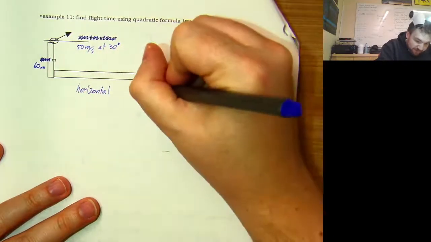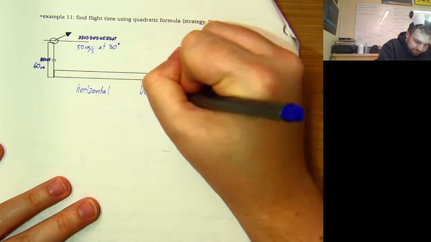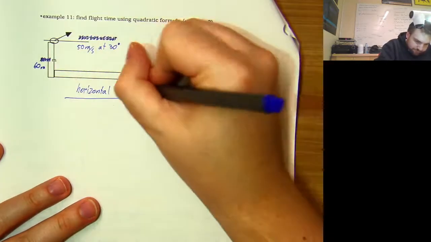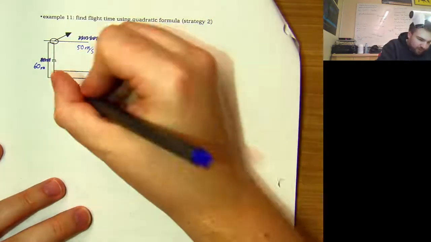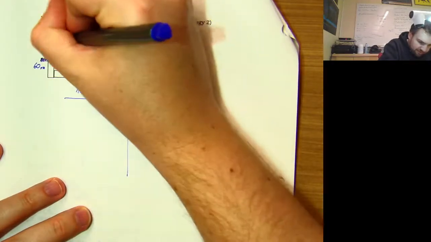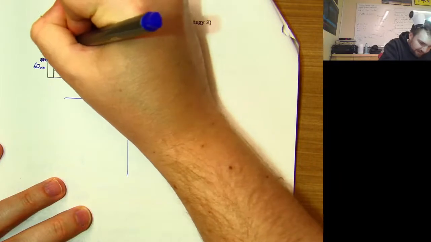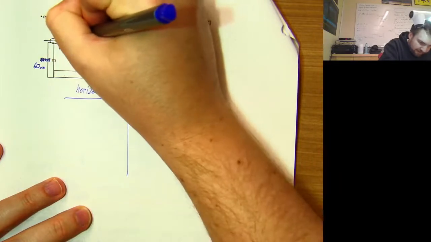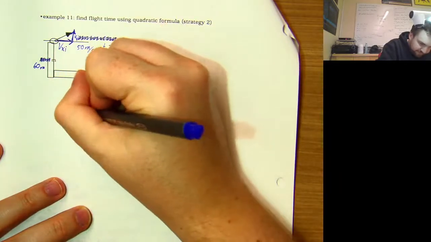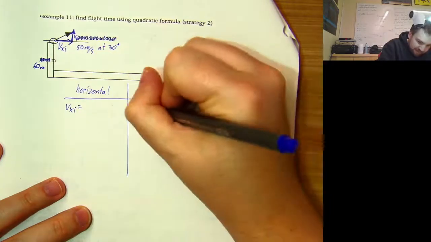We still need to break it up into horizontal and vertical. We've got a Vx initial and a Vy initial.